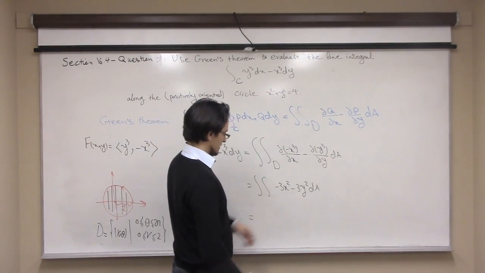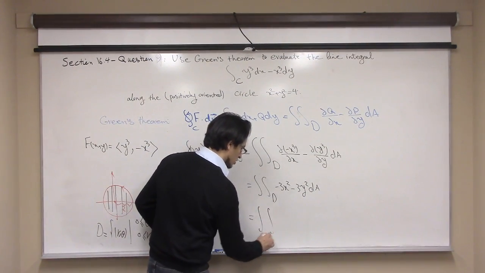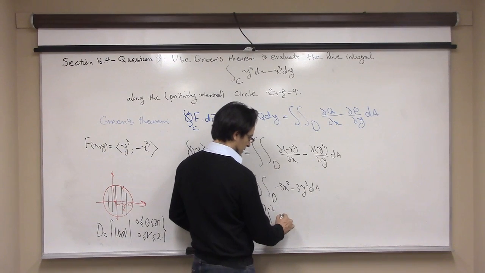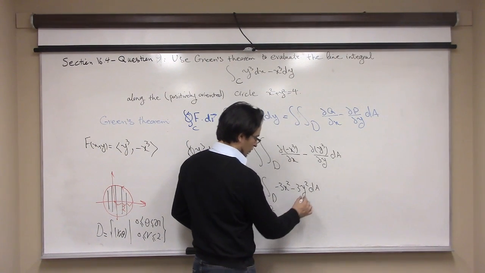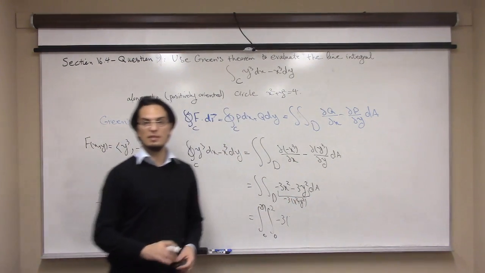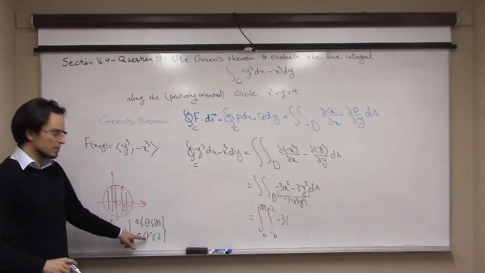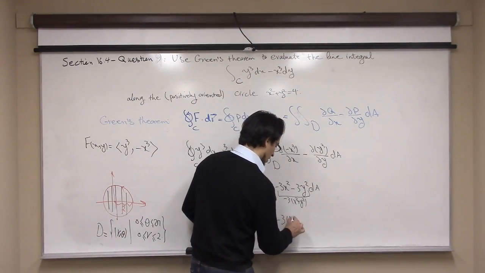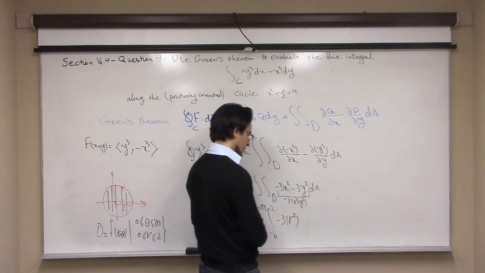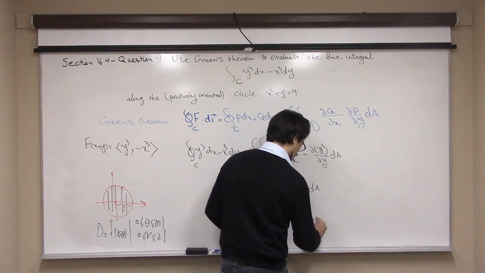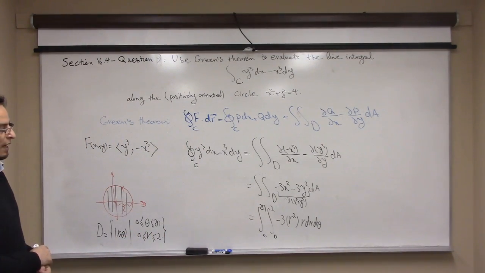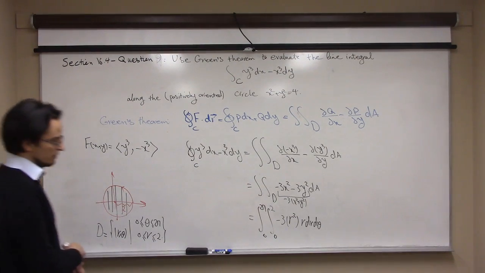So 0 to 2 pi, 0 to 2, minus 3 times x squared plus y squared. I have to write everything in terms of polar coordinates, but x squared plus y squared is r squared, so minus 3r squared, times r dr d theta.